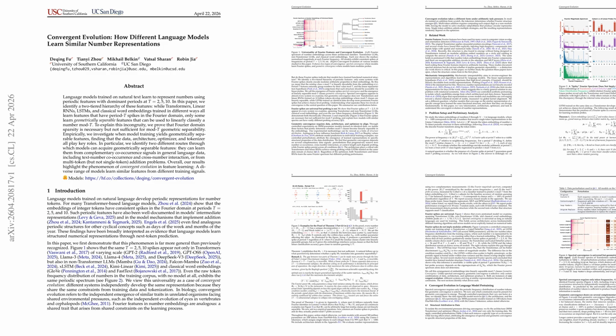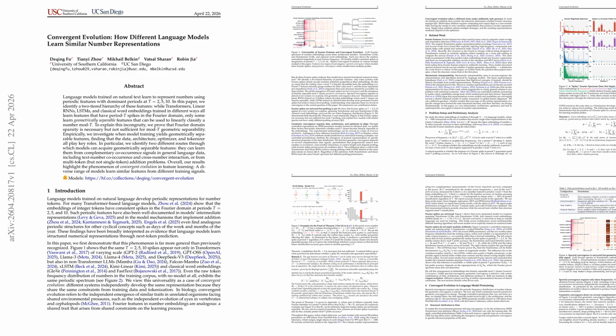On 300M parameter models trained on 10B FineWeb-Edu tokens with the Llama 3 tokenizer, transformers and linear state models such as Gated DeltaNet and Mamba reach strong mod T decoding, while LSTMs can show even larger Fourier spikes yet remain at chance. For example, under the original setup, a transformer attains Cohen's kappa equals 96 for mod 2 and 85 for mod 10, whereas the LSTM is near 0 despite stronger T equals 10 power.